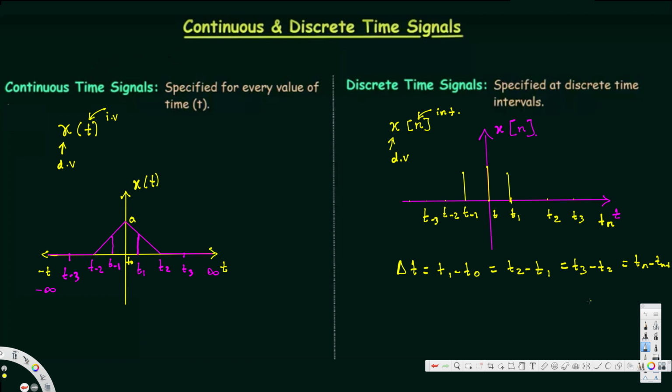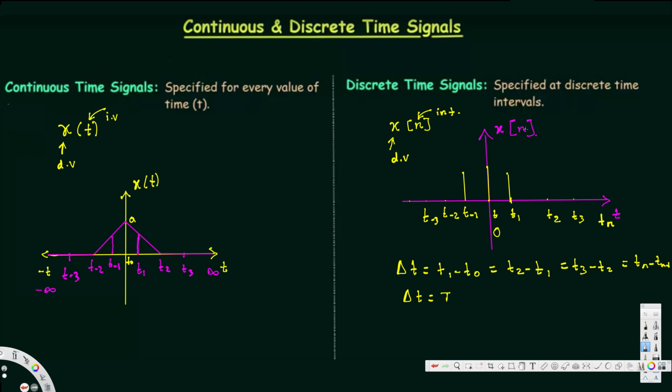If this is equal, we call this uniformly sampled. If it's not equal, we call this non-uniformly sampled. So let's say we have delta t that is equal to t.